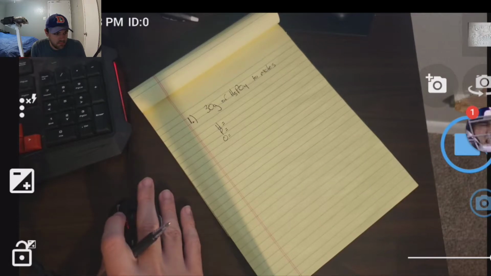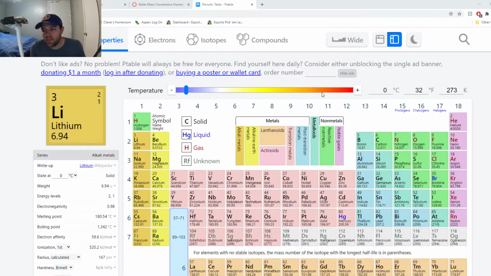We can do that by using a periodic table. Let's turn that on. So we'll find hydrogen first. On these ones, what I want you guys to do is just use the mass to the nearest whole number. You don't have to worry about all those decimal points. Just round it to the nearest whole number, and that'll be close enough for what we're trying to do today. For hydrogen, the nearest whole number to its mass is going to be 1.